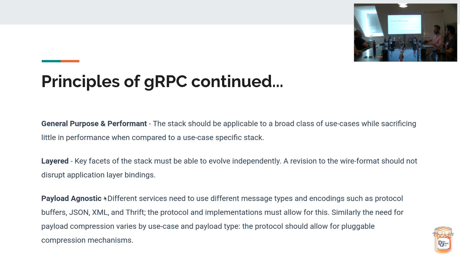It's payload agnostic, so by default it uses protobuf for communication, which is much more efficient than JSON, XML, or whatever you have used so far. And even if you have a system that is only capable of parsing JSON, you can do that with gRPC. You can change the payload.